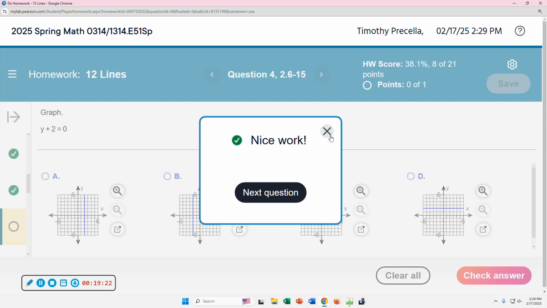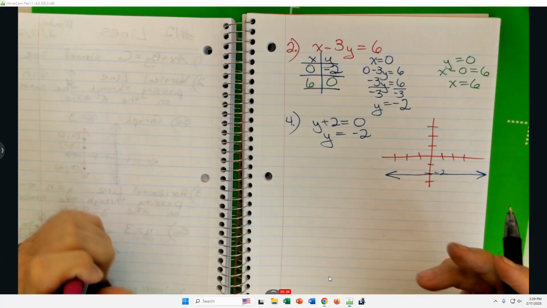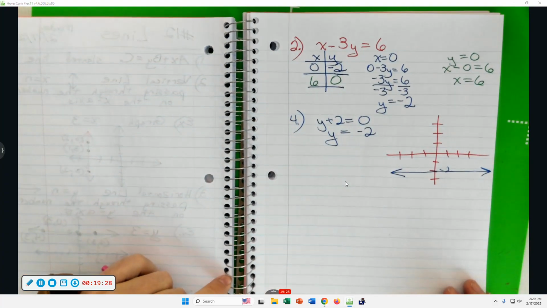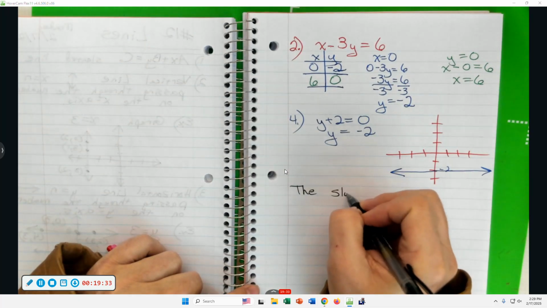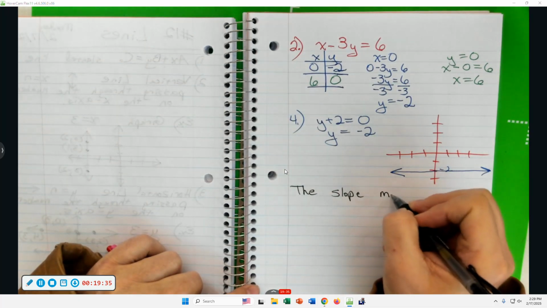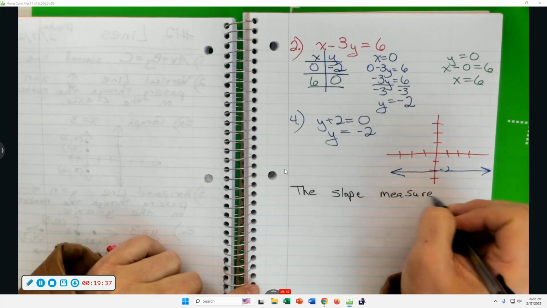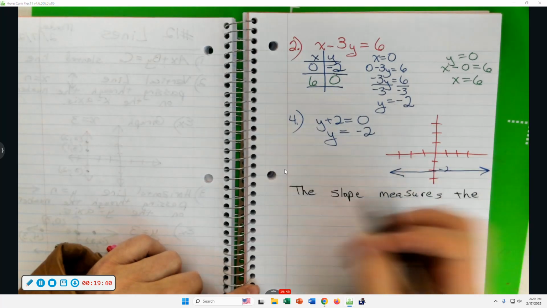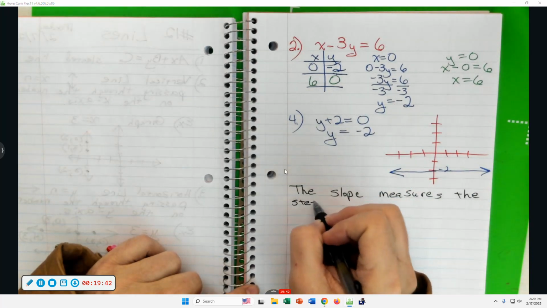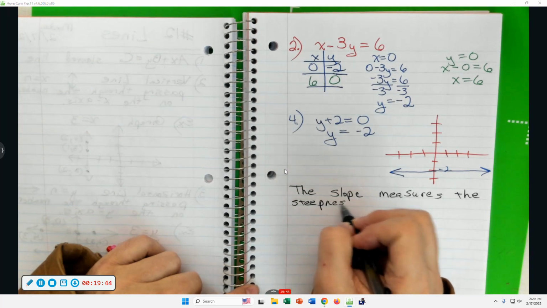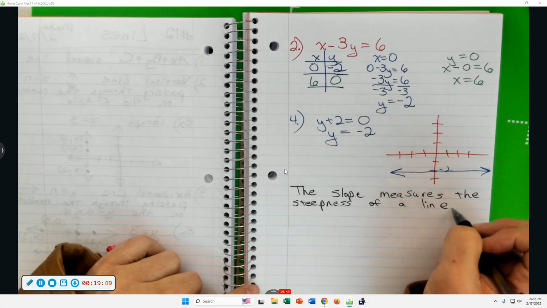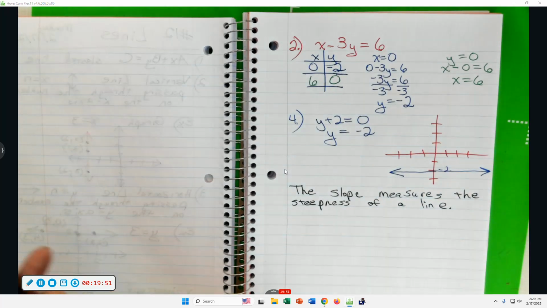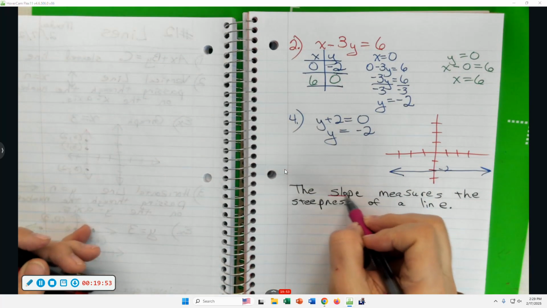I need to write some now, so let's flip it over here. The slope measures the steepness of a line. The slope is a measure of the steepness.